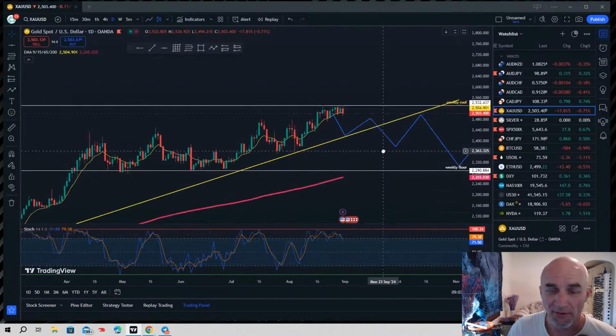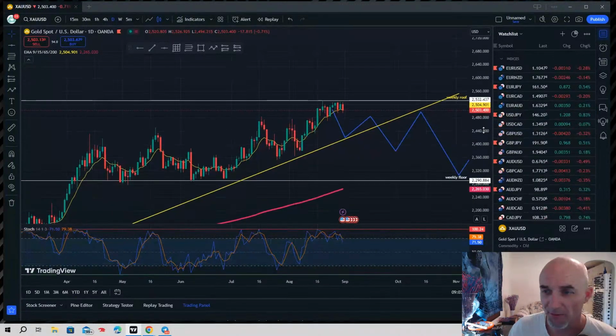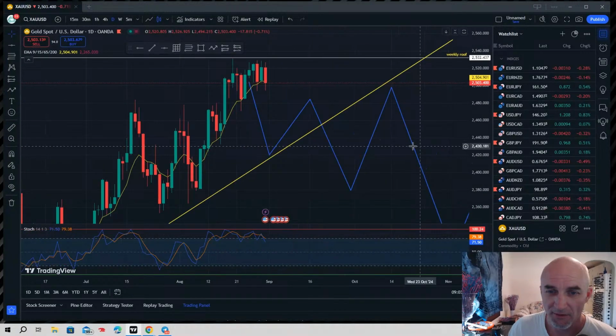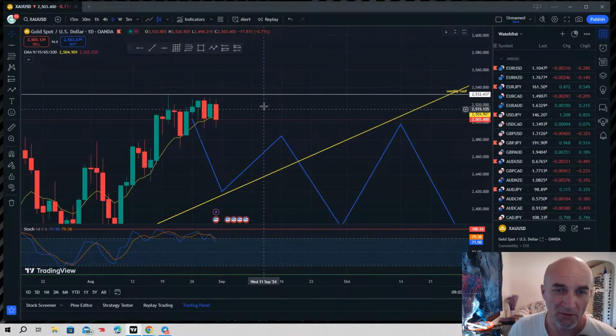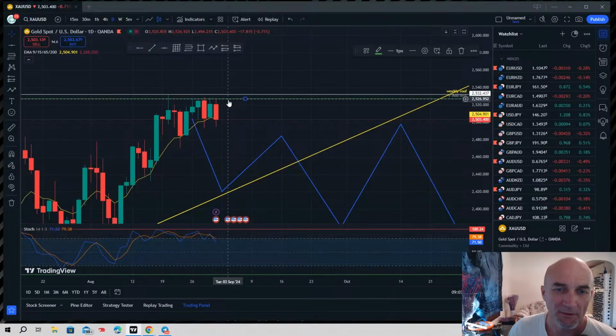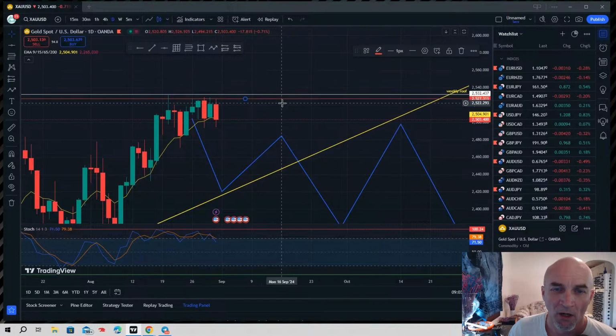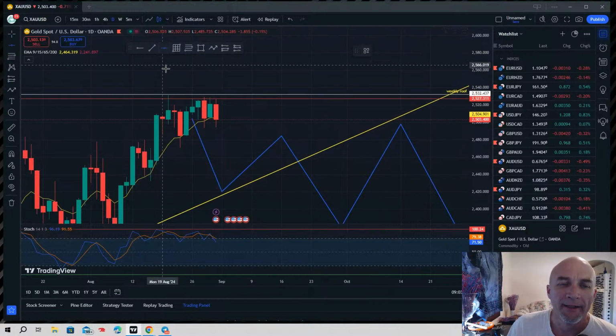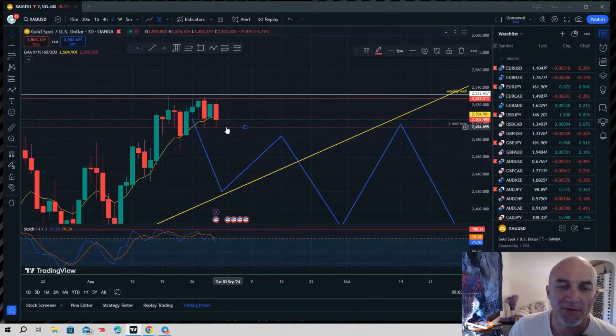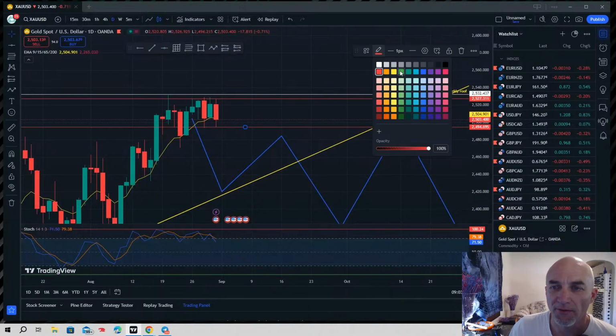Anyway, all right. So we're on the daily chart. Let's mark it up and do an analysis. Yesterday's daily roof break. Yesterday's daily floor.